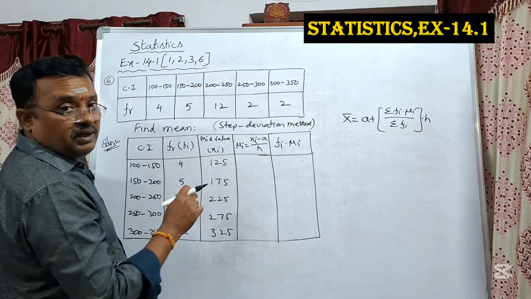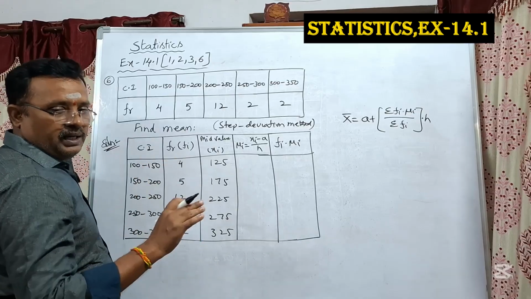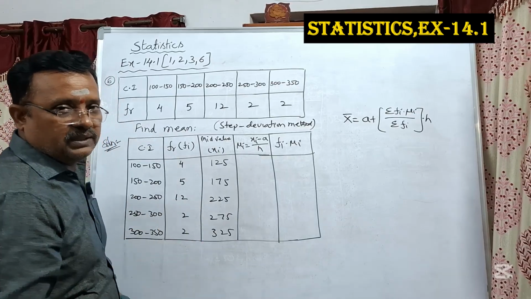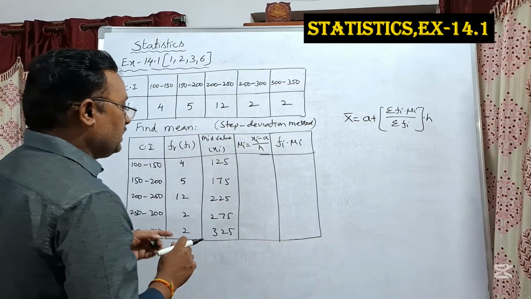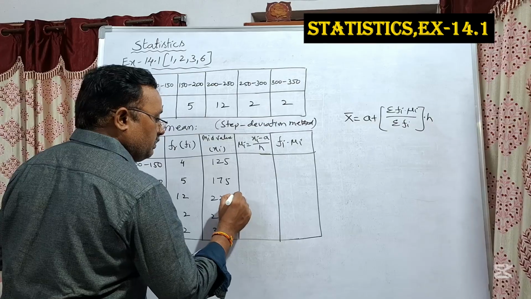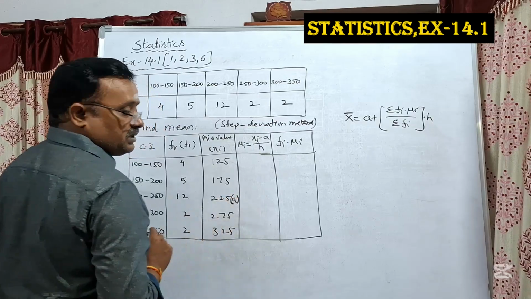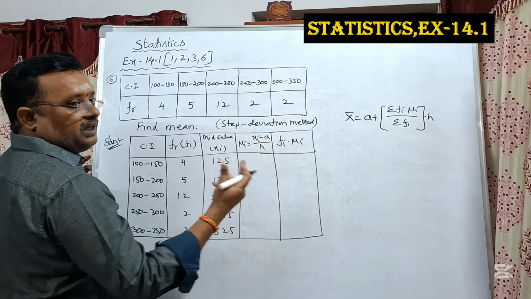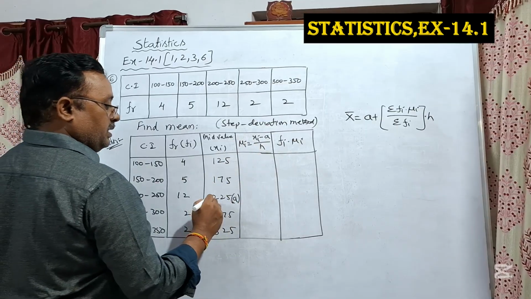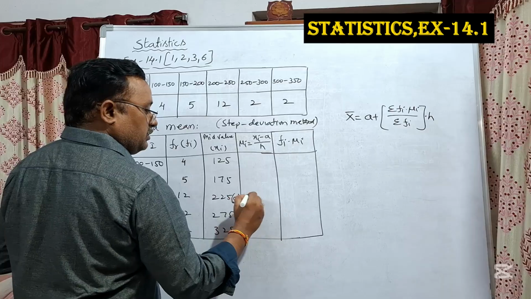Any one you can take, but the student friendly process is to choose the middle one. If there is only one middle value, take that one as the assumed mean a.